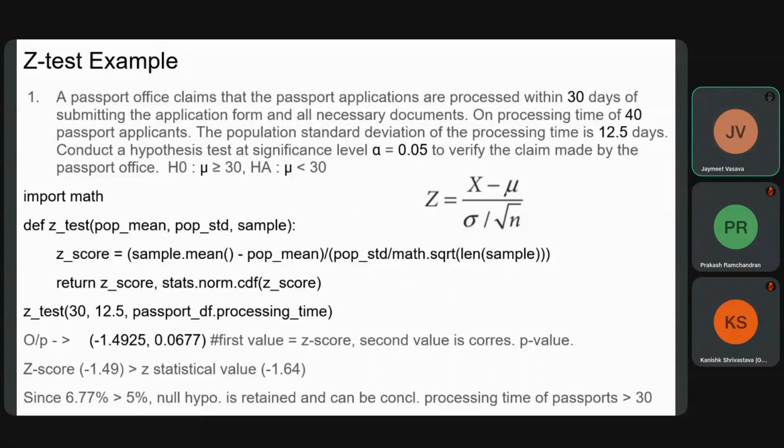So first we'll be importing the math module in order to use the square root function. And with that, we'll be defining a function called z-test, which will take parameters, which are the population mean and the standard deviation of the population and the sample.